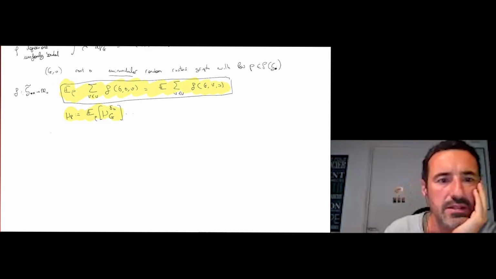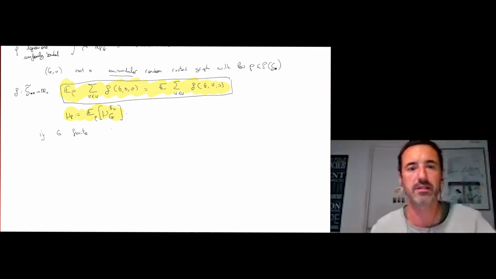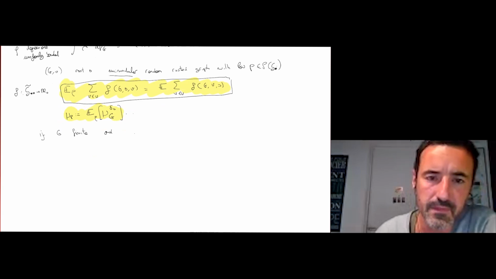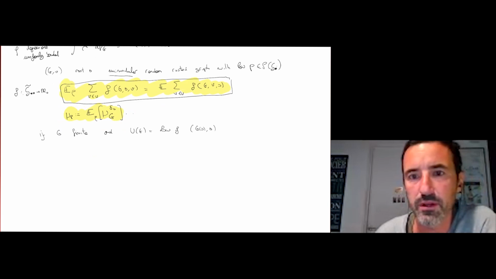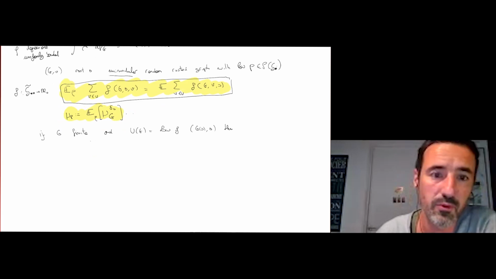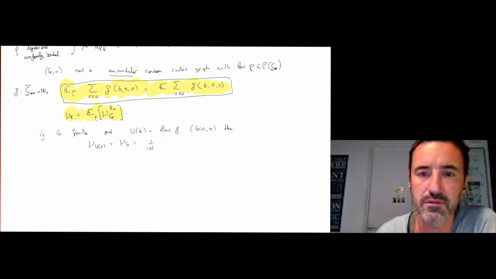This definition has two advantages. If the graph G is finite and U of G is the law where you take a uniform root O and look at the connected component, then mu of U of G, simply denoted mu G, is the empirical distribution of the eigenvalues.